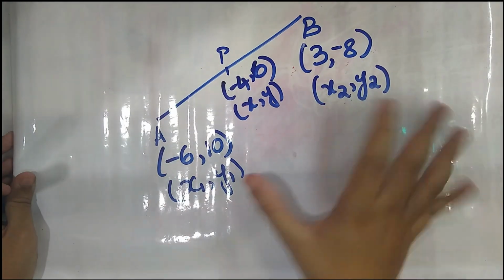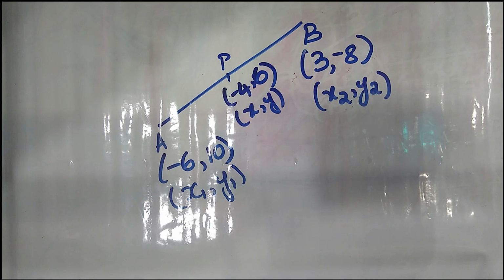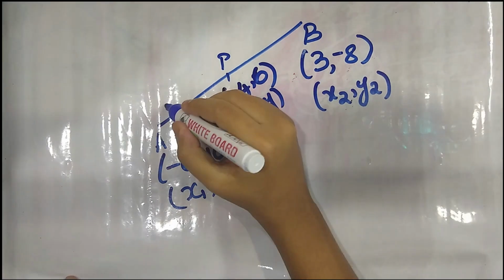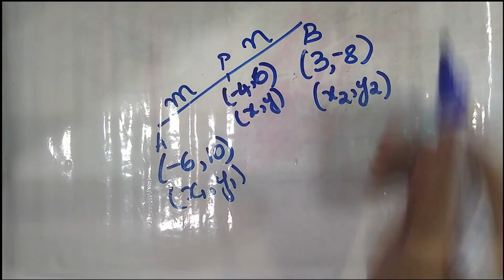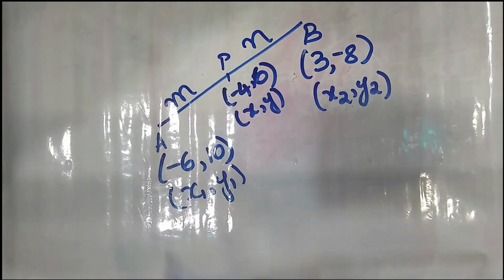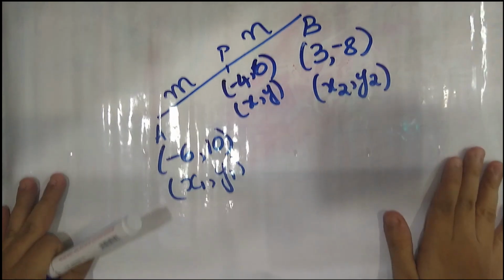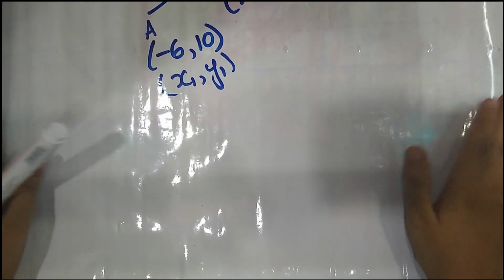So anyway, now that we have placed all the points, we have the diagram in front of us. Looking at this diagram, what we need to find is the ratio. We need to know what is m and what is n. So we use the same formula to find the ratio. So let's do that.